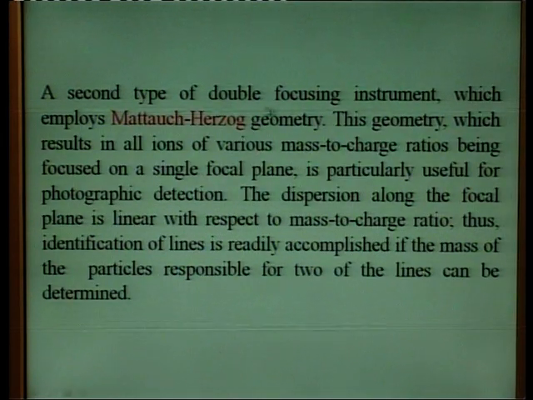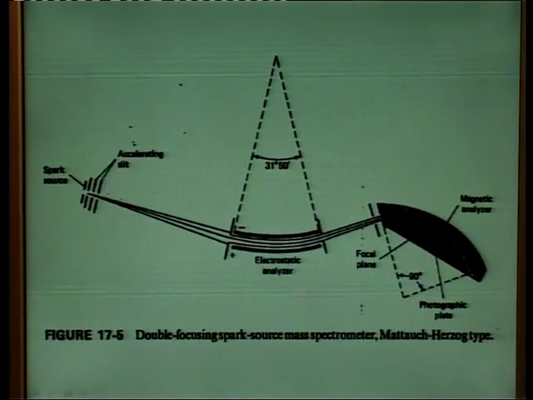Then the second type of double focusing instrument employs the Mattauch-Herzog geometry. Now, in this geometry, a ray of ions is made to pass through the electrostatic analyzer, through the electrostatic field, and ultimately it is put under the magnetic field.